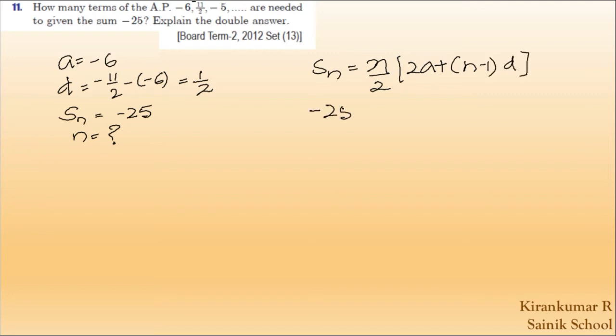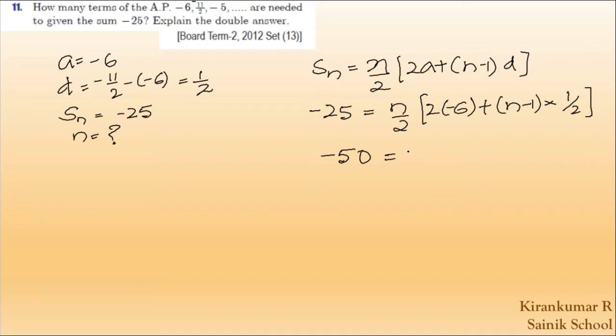Sn is minus 25 equal to n by 2 multiplied to 2a, which is 2 times of negative 6, plus n minus 1 into the common difference 1 by 2. When we cross multiply 2, we get negative 50 equal to n multiplied to negative 24 plus n minus 1 divided by 2.